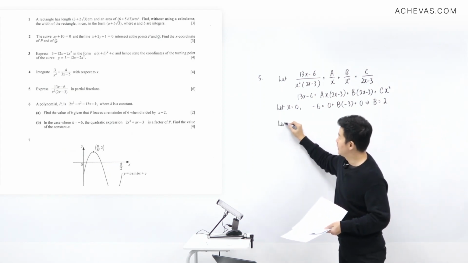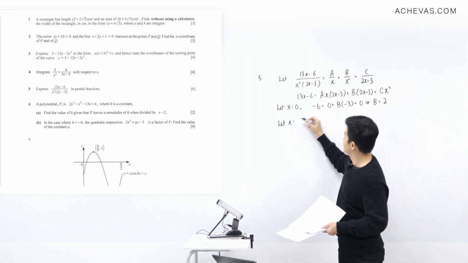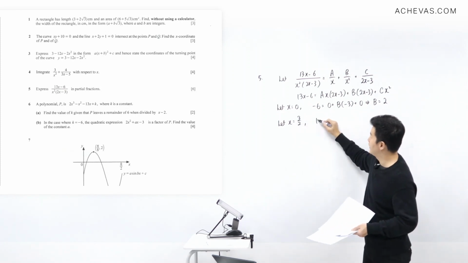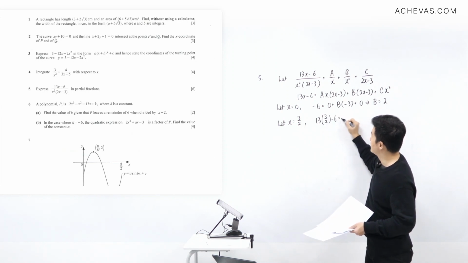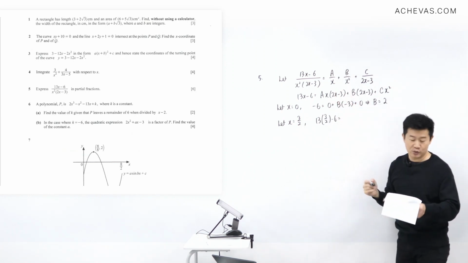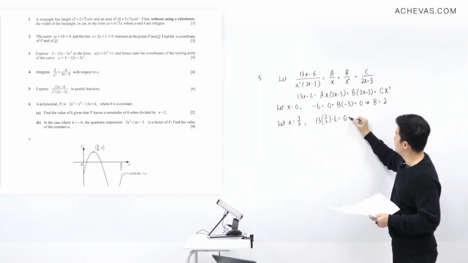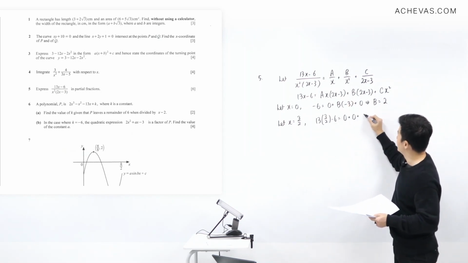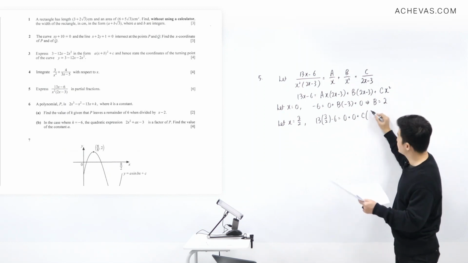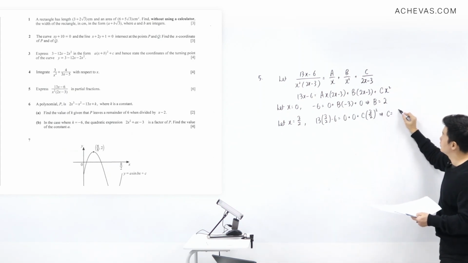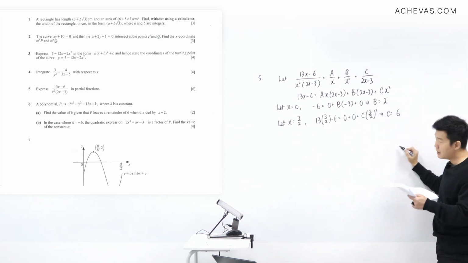So on the left-hand side, it's going to be 13 multiplied by 3 over 2 minus 6, equal to 0 plus 0 plus c multiplied by x squared, which is 3 over 2 squared. This will give us the value of c, which is equal to 6.